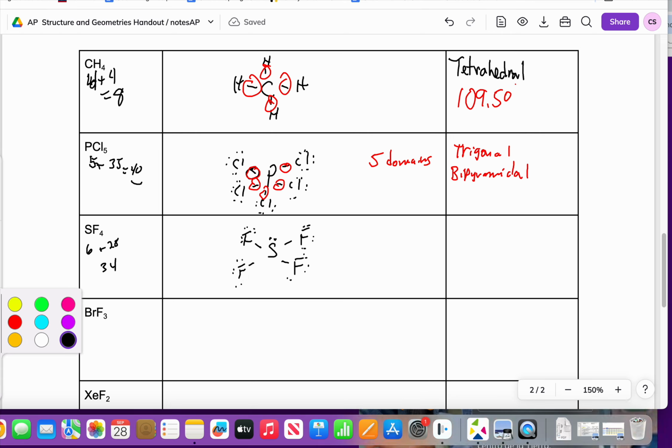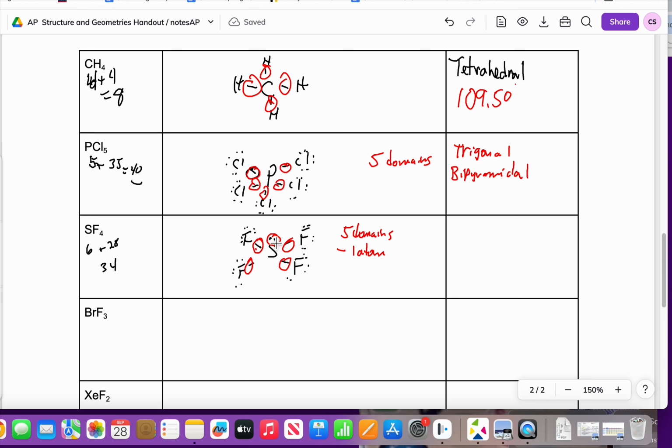Now, if you look, you still have 5 domains, 1, 2, 3, 4, 5, counting that lone pair. But whenever you have 5 domains, and this is how my brain does it, minus 1 atom. In other words, there's 1 atom missing compared to the one up here.